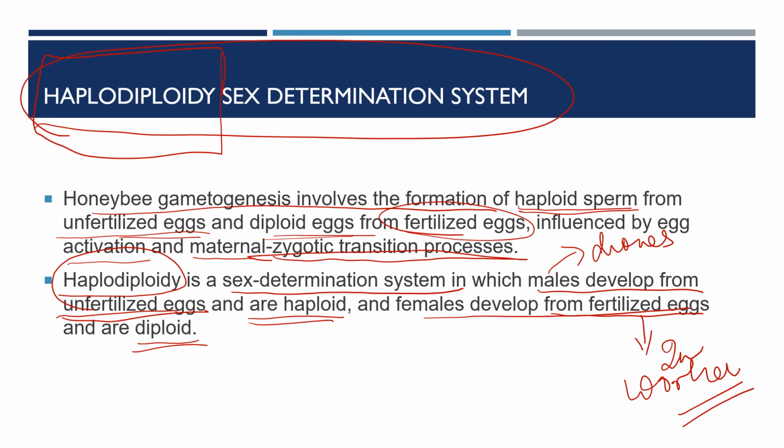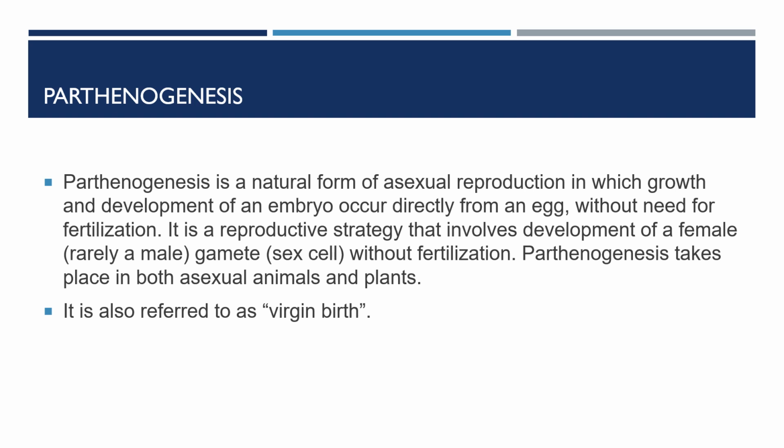Now we will move on to the definition of parthenogenesis. We have said that when unfertilized eggs give birth to drones, that process is called parthenogenesis. It is a natural form of asexual reproduction in which growth and development of the embryo occur directly from an egg without the need for fertilization.